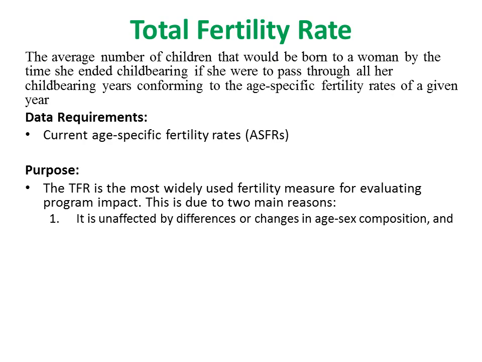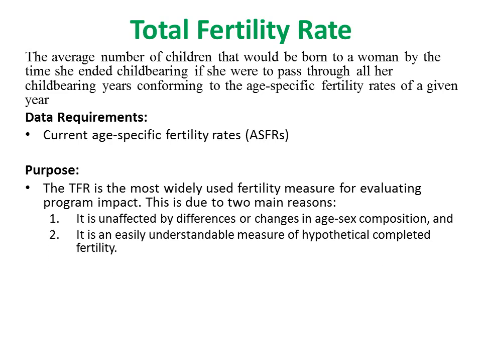Hence the total fertility rate, which is calculated from these only, will not change with the differences in age-sex composition of the population. And being a single rate, it is an easily understandable measure of hypothetical completed fertility for that year according to the rates in that year.